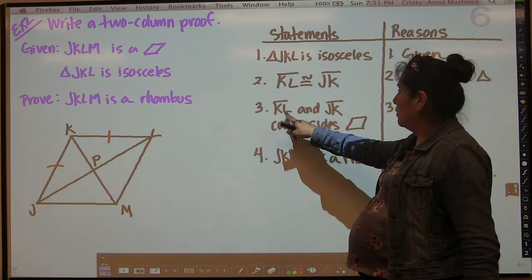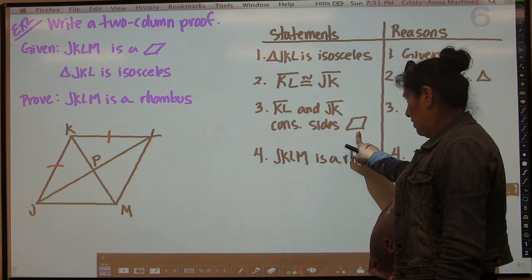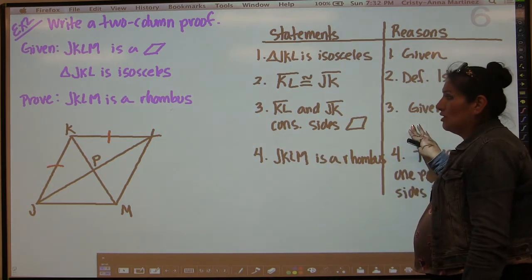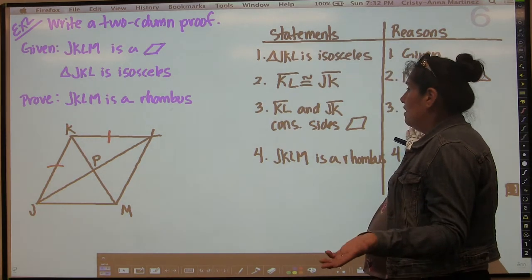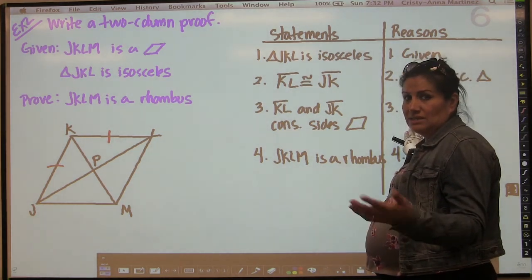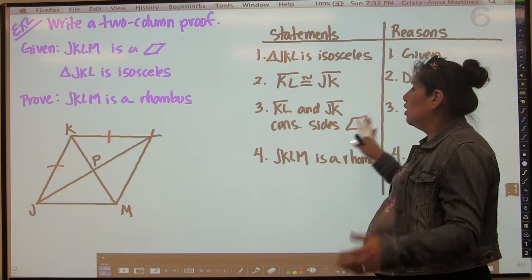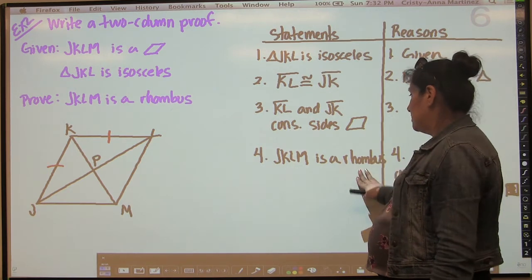So you'll see here I put KL and JK are consecutive sides of a parallelogram, and that's given from the diagram. You can see that from the diagram. And because they're consecutive sides, we just saw in our previous slide, that's one of the ways that we can tell that it's going to be a rhombus. So my last step is, therefore, JKLM is a rhombus.